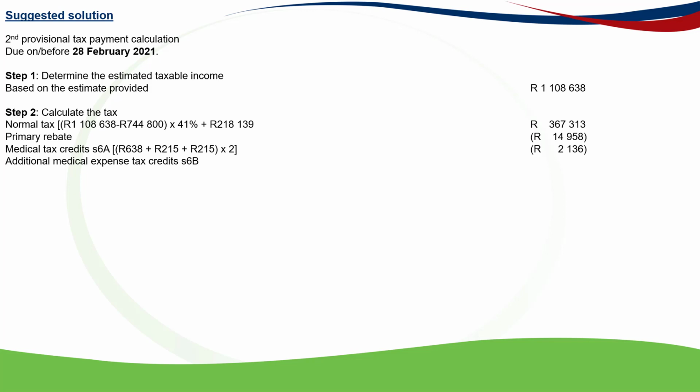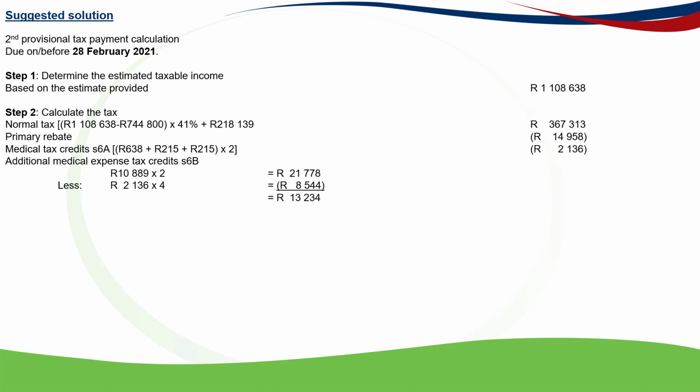The 6B additional medical expense tax credit is calculated as follows. It is the contributions to the medical aid of 21,778 less 4 times the 6A credits, resulting in 13,234.